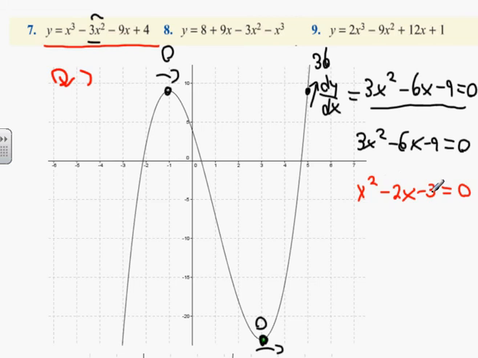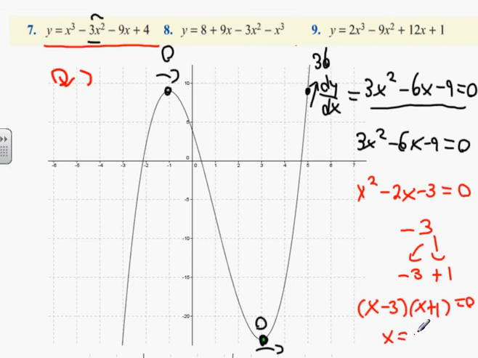Minus 3. So minus 3 breaks up into two numbers. What are they? Minus 3 and plus 1. And it's x minus 3, x plus 1 equals 0, x equals 3, x equals minus 1.